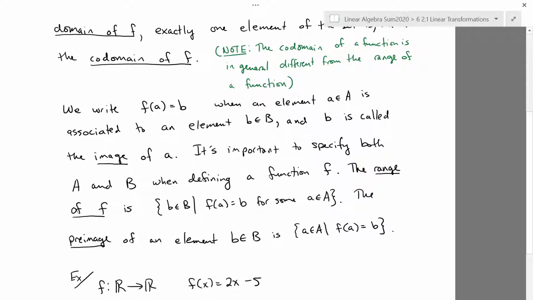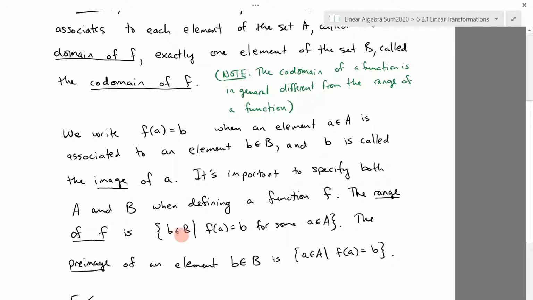The next definition is the range of a function. So the range of a function is all the elements of the codomain that have something that maps to it, right? So basically, if you vary a among all the elements of the domain and look at all the results from calculating the function, so all the results that lie in the codomain, this forms the range of the function.